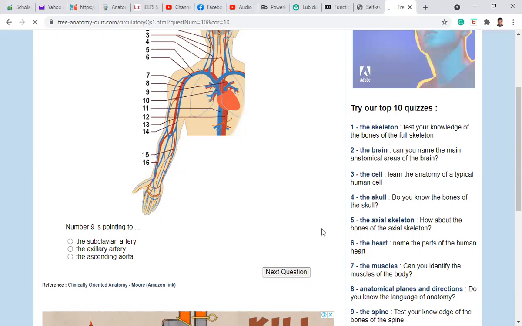This one is the arch of aorta, number 9. The ascending aorta, number 9. Okay, ascending aorta.